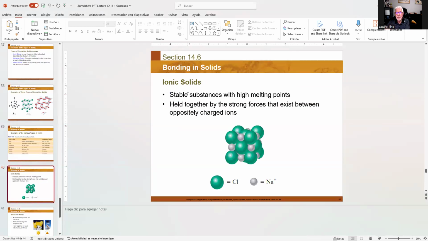The ionic solids are very stable substances with high melting points because between one cation and one anion there are electrostatic forces that maintain the particles very close, and you need a high energy in order to break down these bonds. That's why the melting point of sodium chloride, for example, is very high.